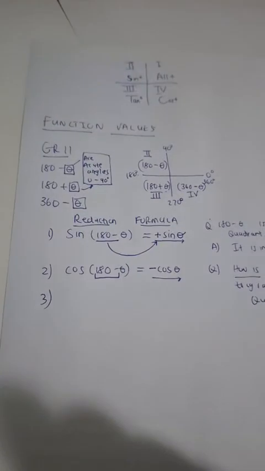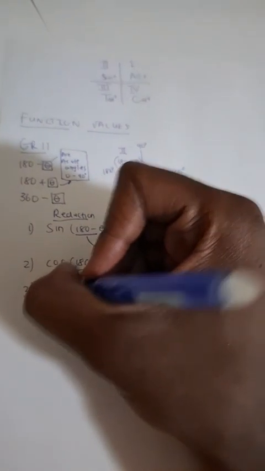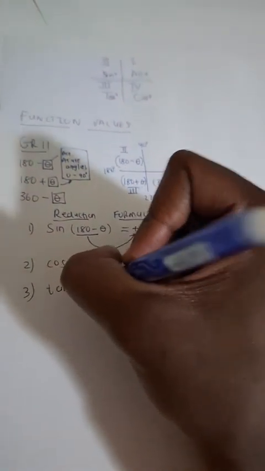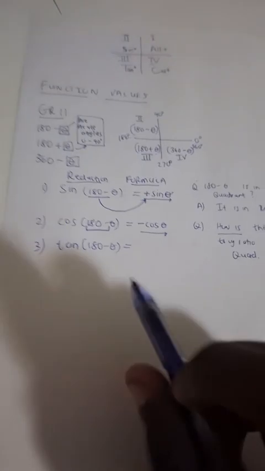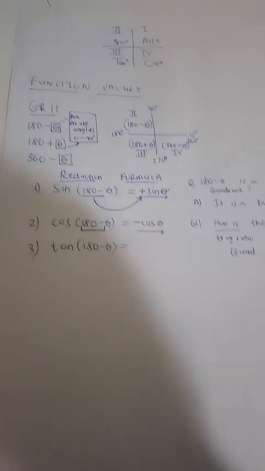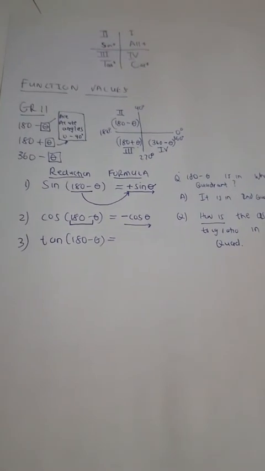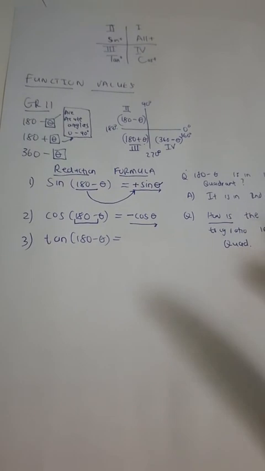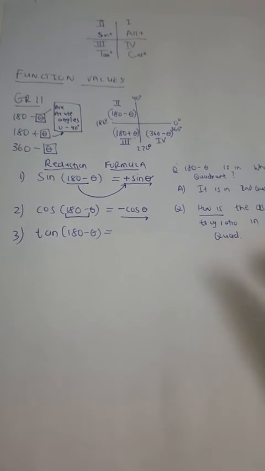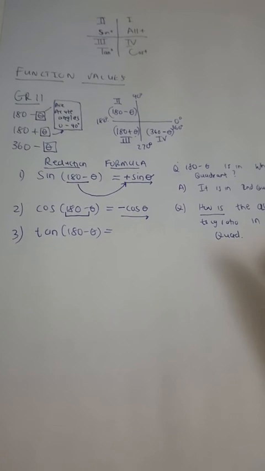Okay, 3. Let's look at tan. We ask the same question: 180 minus theta is in which quadrant? I'm sure by now you guys are like, come on, sir, we know where 180 minus theta is. Really? Could you be asking us this?